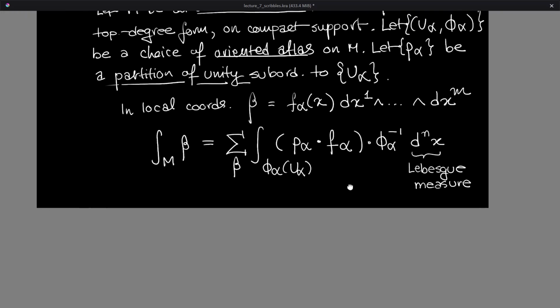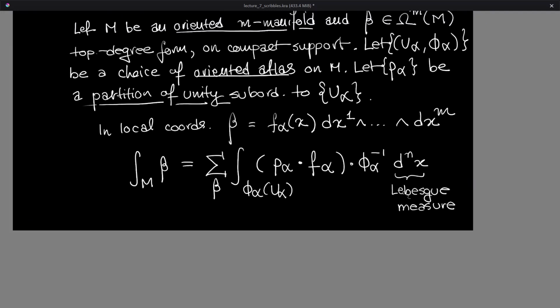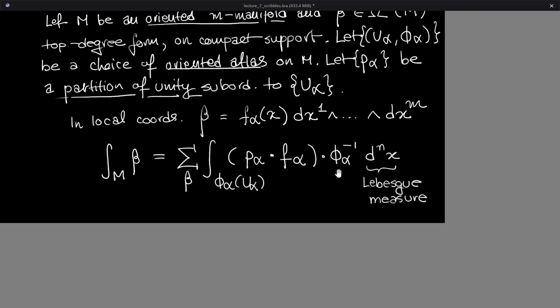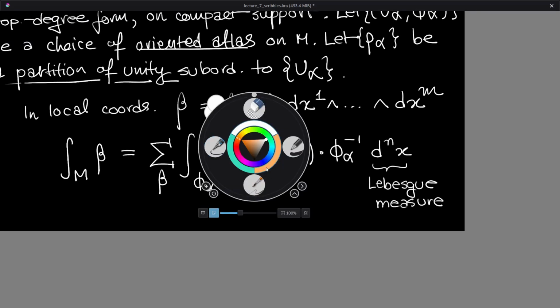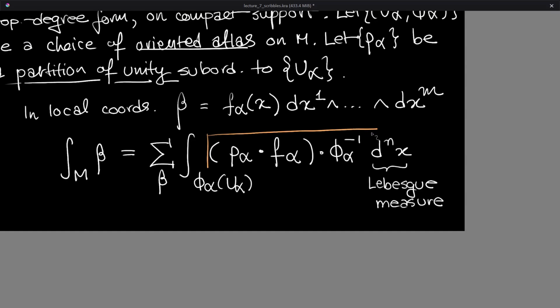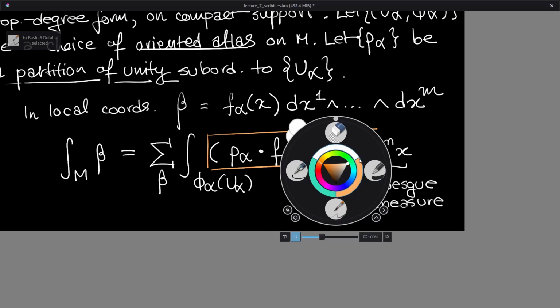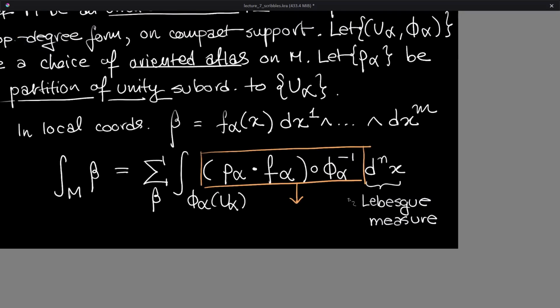So this is what it means to integrate a differential form. So what are we doing here? Let's think about this integrand. First of all, phi alpha takes us from the chart to the manifold, and then after we have that, we get f alpha, which is the coefficient.